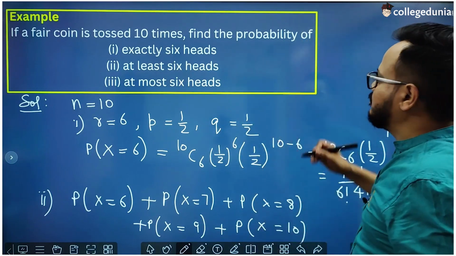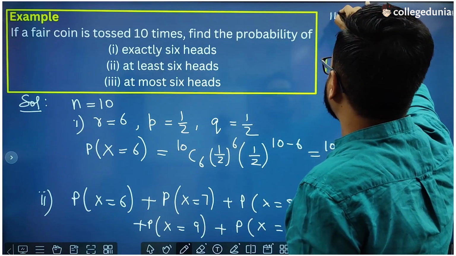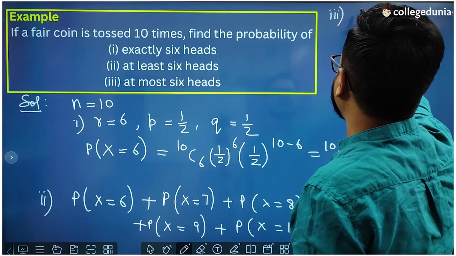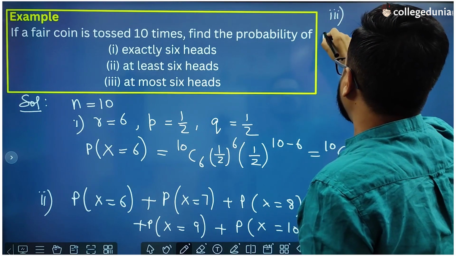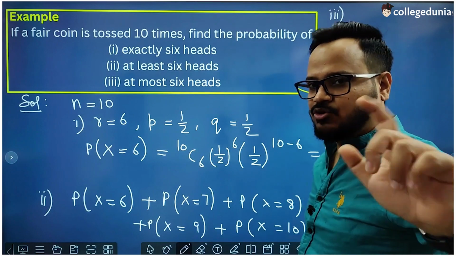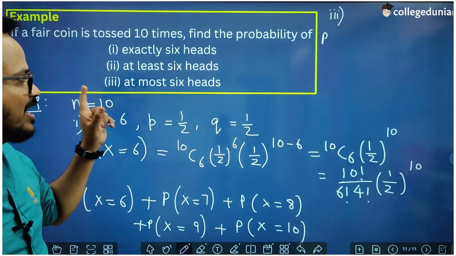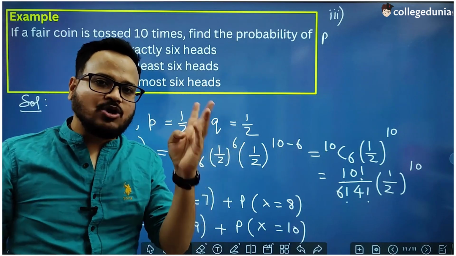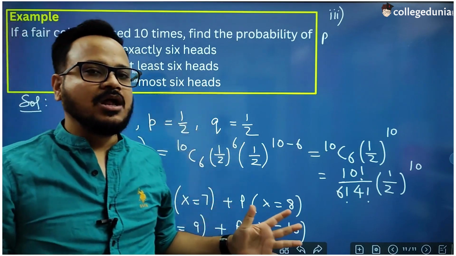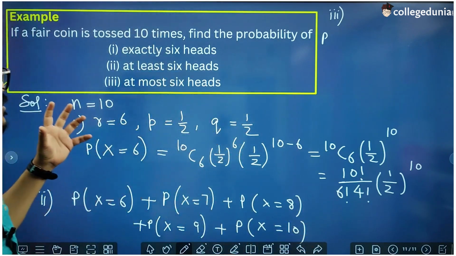And at most 6 means, in the third case, you have to find the probability of at most 6 heads. That means the maximum number of heads should be 6. So this contains the probability of getting 0 heads or 1 head or 2 heads or 3 heads or 4 heads or 5 heads or 6 heads.